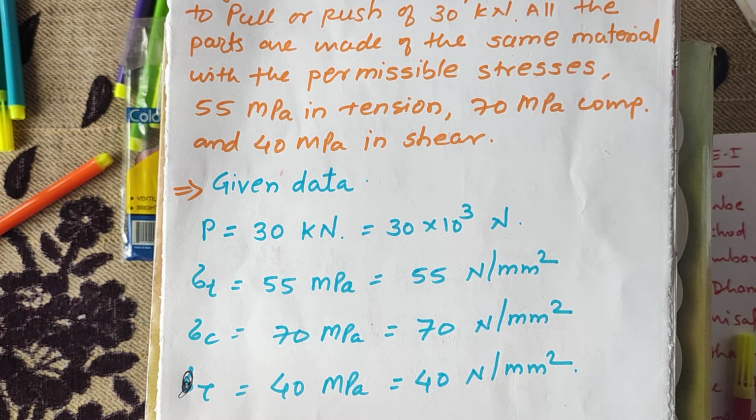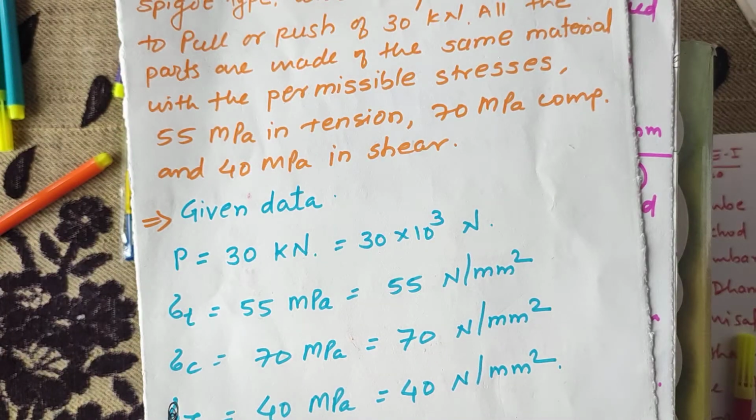Tensile stress sigma T is 55 megapascal, equal to 55 Newton per mm square. Compressive stress sigma C is 70 Newton per mm square. Shear stress tau is 40 Newton per mm square.